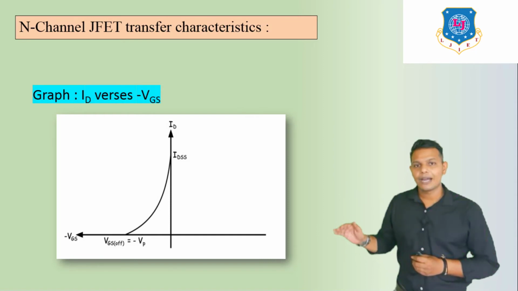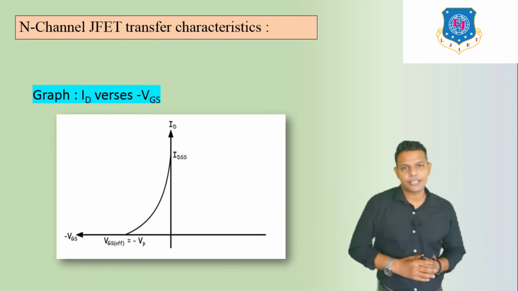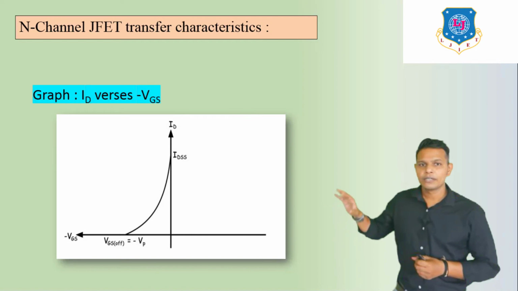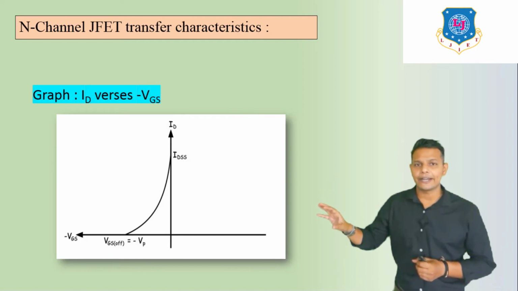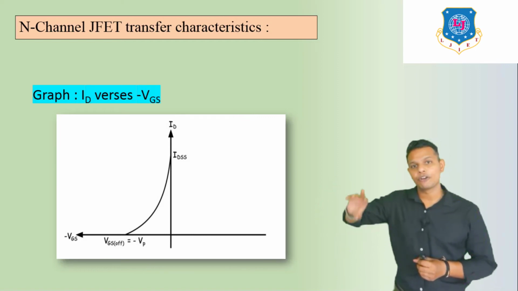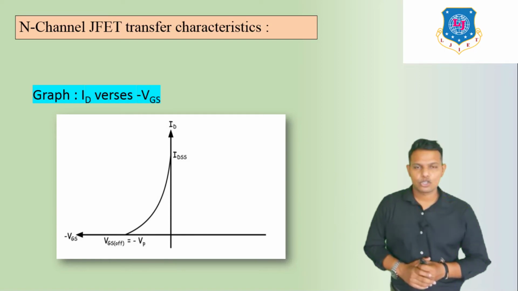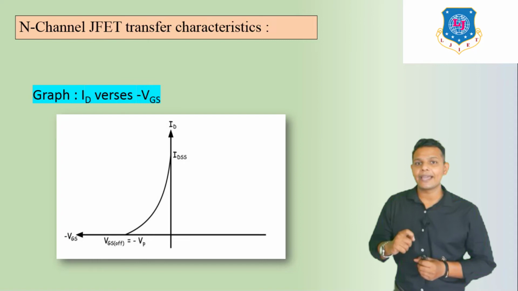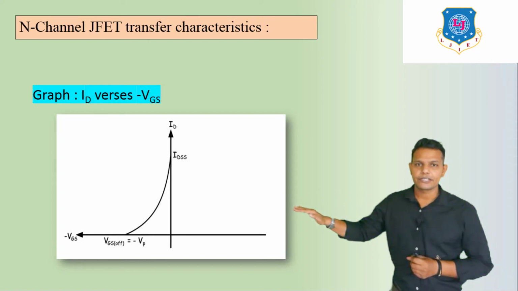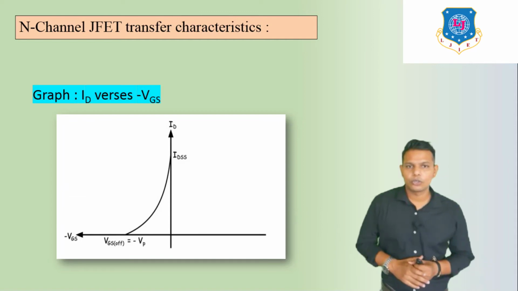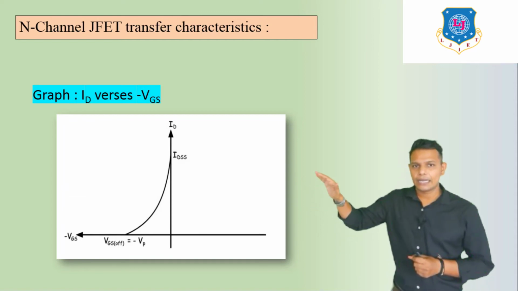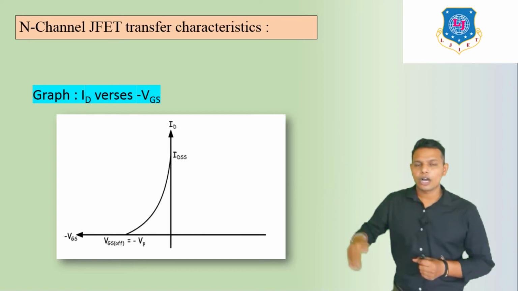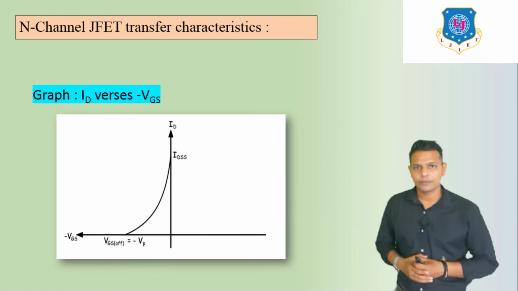We can plot transfer characteristics with the help of output characteristics. If we first plot output characteristics, then we can precisely plot transfer characteristics like this. So this is the transfer characteristics, and we can draw it according to Shockley's equation.